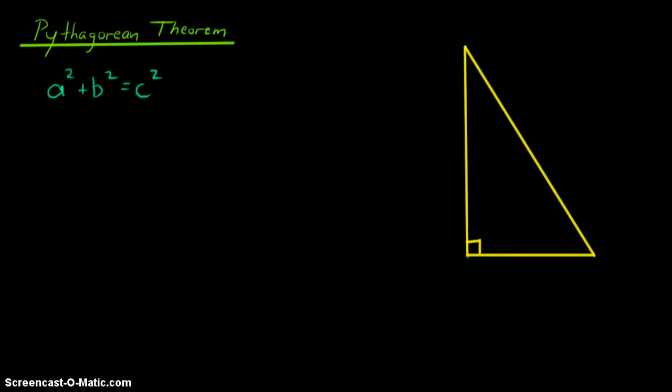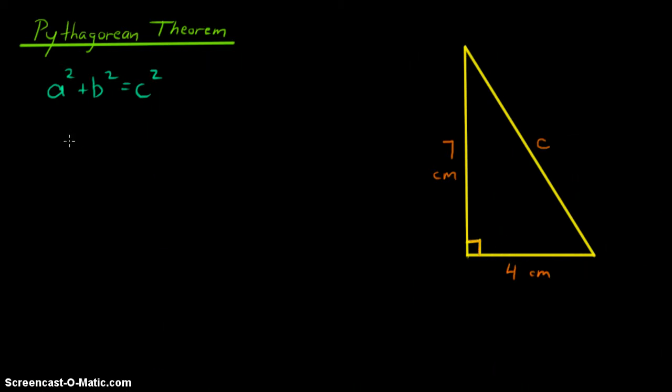Okay, so let's say you've got a side that is 7 centimeters. This one is 4 centimeters. How long is this one? We'll call it C. Gotta make sure this is a right triangle, and a right triangle should always be labeled with this little box here, and that box means, of course, it's a 90-degree angle.